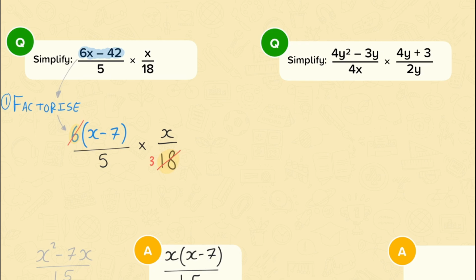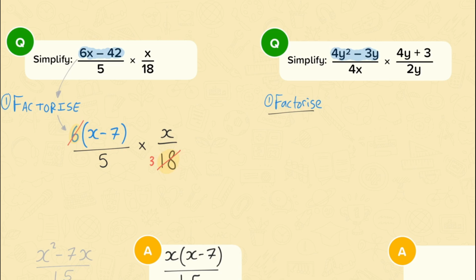Okay, your turn. Simplify 4y squared minus 3y over 4x multiplied by 4y plus 3 over 2y. Now here are some clues. Just like in my question, you're going to need to factorize one of the numerators, this numerator here.